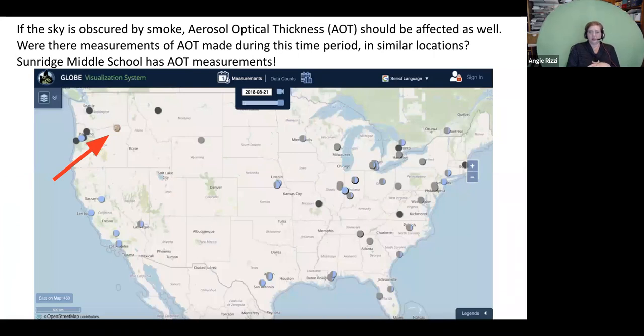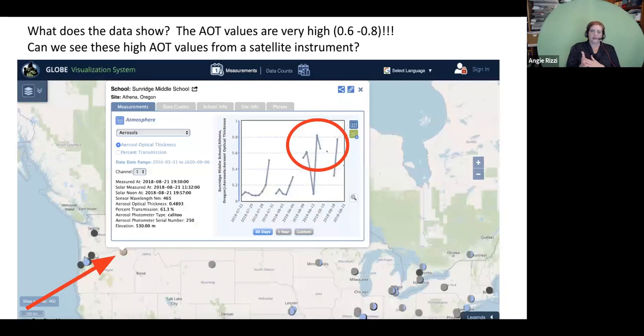This particular person actually did have a Calitoo instrument, and so there was an aerosol measurement in the GLOBE system. If you happen to come across that or you happen to have a Calitoo, you're welcome to still use it. The next slide. And those data are available also in the visualization tool for the aerosols. Next.